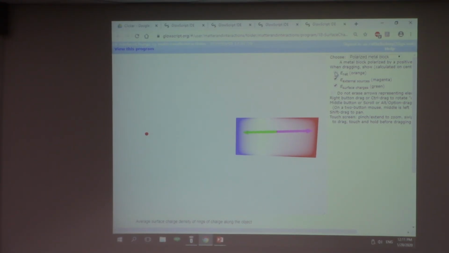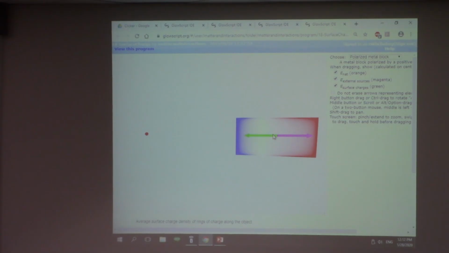And so if we show the net field, which will be shown in orange, out here the net field is big. Out here the net field is due to both the external charge and the surface charges. In here, the net field isn't showing up because it's 0.